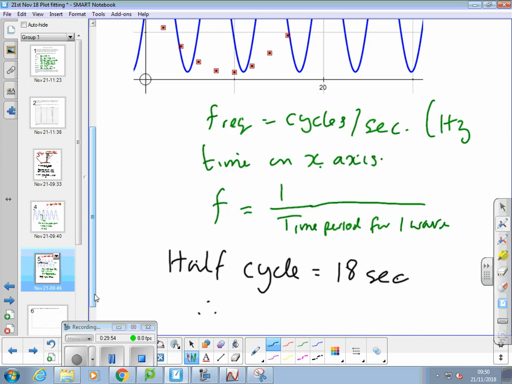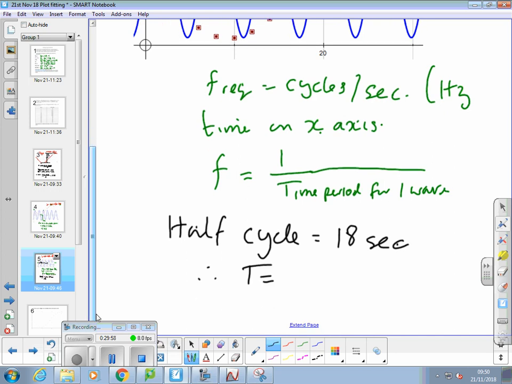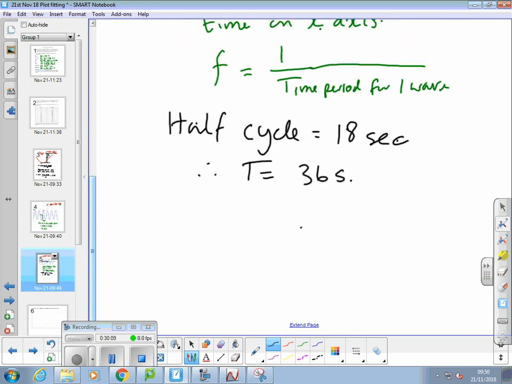Therefore, T is equal to 36 seconds. And as frequency is equal to 1 over T, therefore f is equal to 1 over 36, which comes out as 0.027.